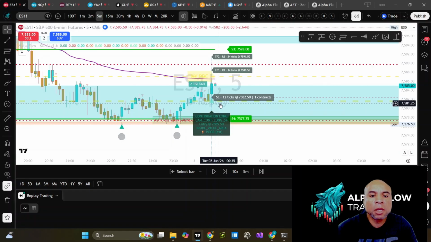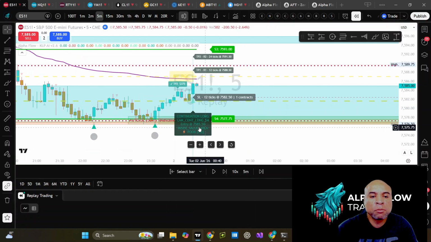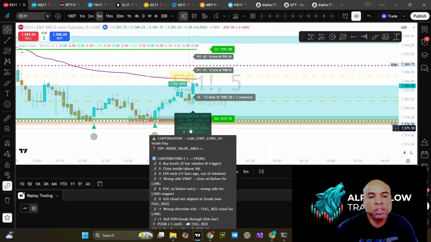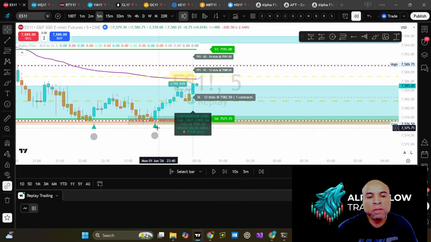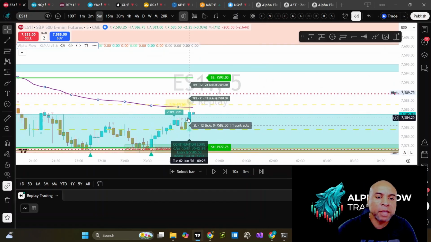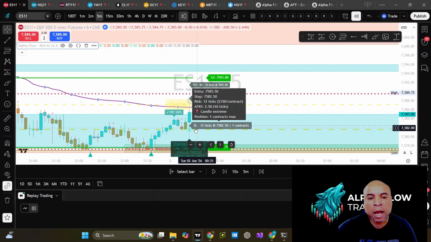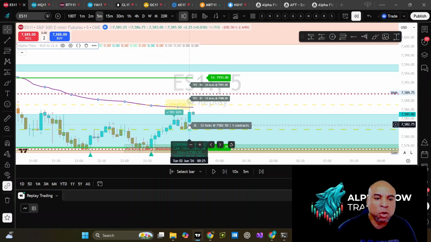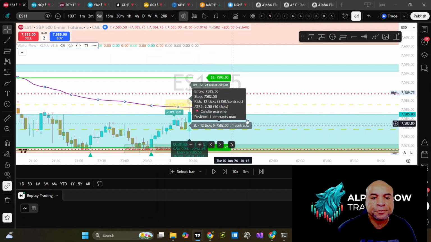So this was labeled as a poor signal, but it is a valid continuation signal off of our previous reversal signal. So we're continuing this uptrend. We would get in at this entry candle here. You see our stop is set at 12 ticks, or the candle extreme, just below the low of this candle.